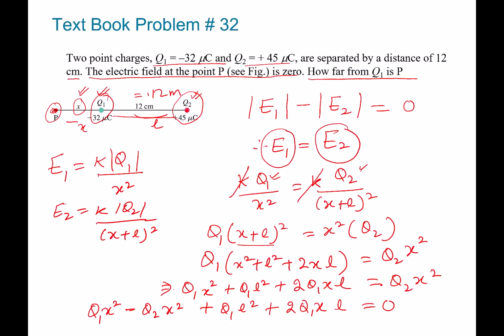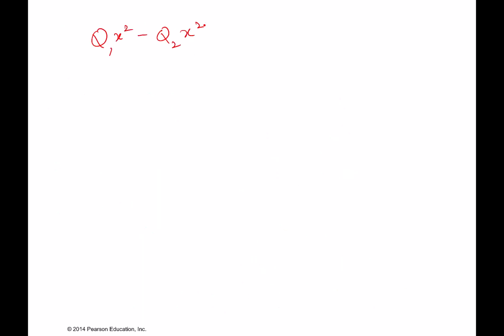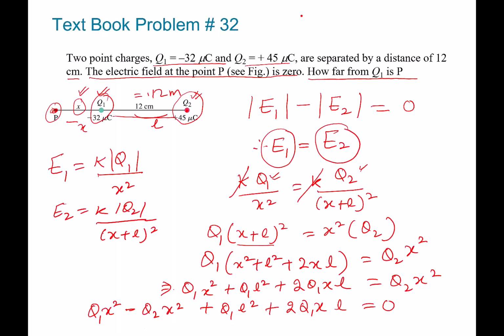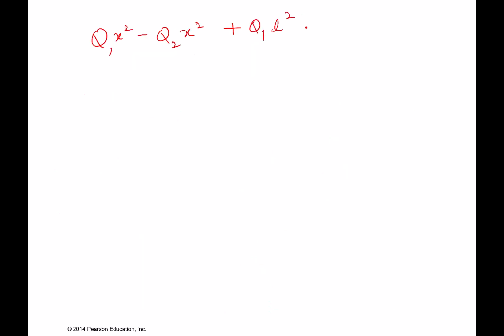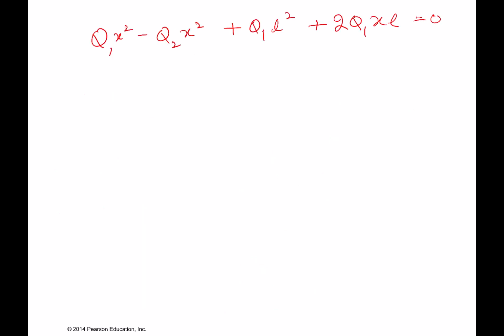Let's rewrite the whole equation. Q1 X square minus Q2 X square plus Q1 L square, which is a constant, plus 2 Q1 L X, equivalent to 0.